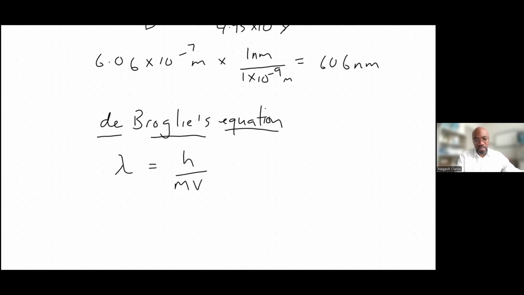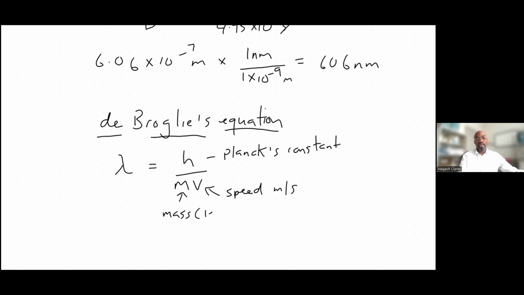So h, that's Planck's constant, which we already know. v is speed, not frequency. This is a speed in meters per second. And then m is mass in kilograms. So now we have an equation that relates mass and waves.